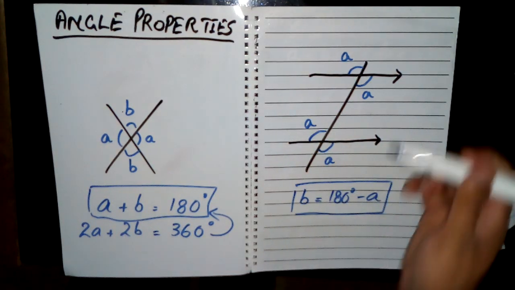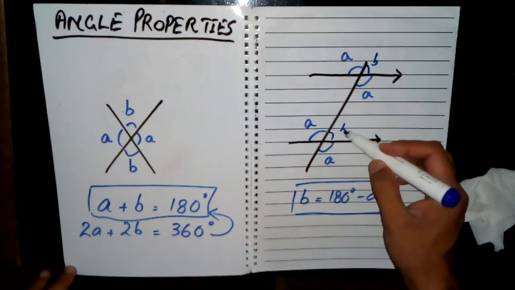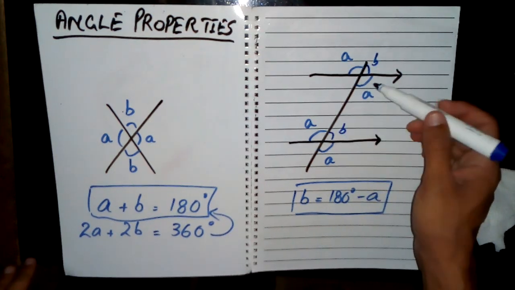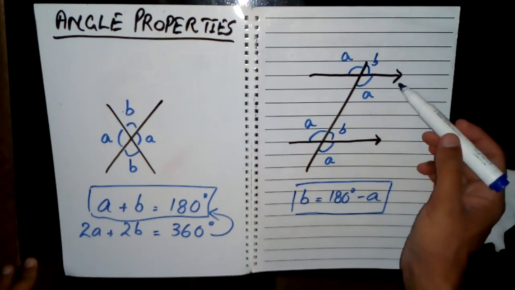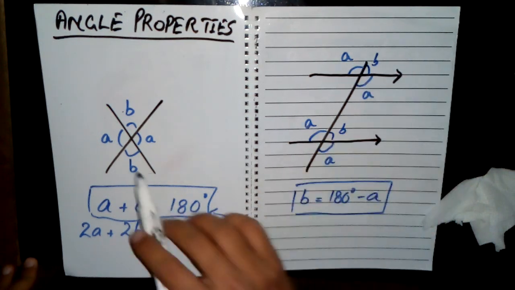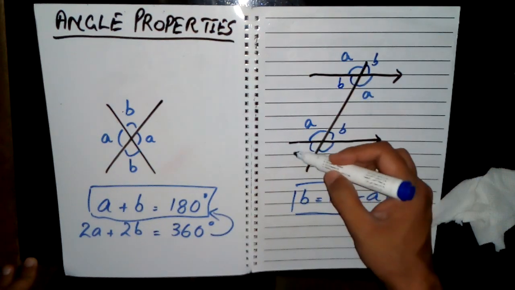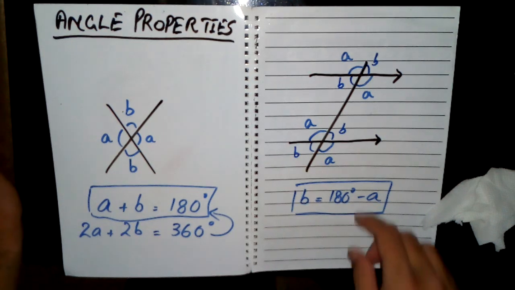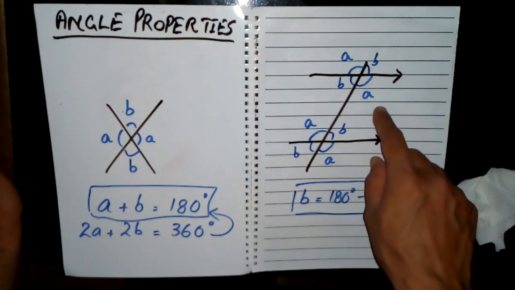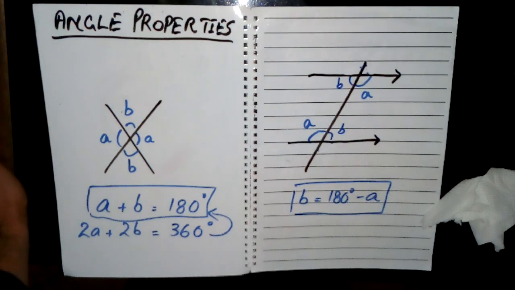And in the same manner, this B is also equal because they are on the right side of the intersecting line, and by this property, this should also be B and this should also be B. So now when we see only these two angles, I have rubbed out some angles.